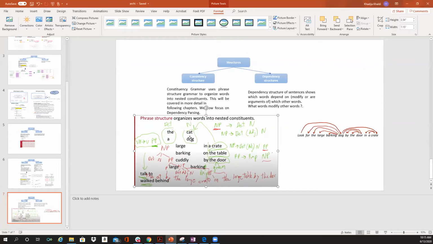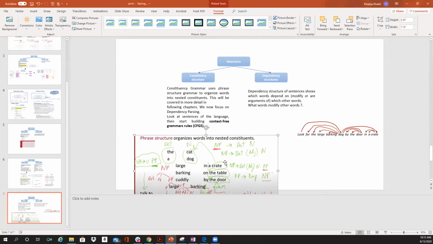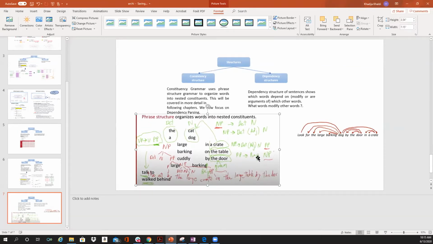And after it comes nouns, for example cat, dog, whatever. So this kind of rules are called context-free grammar rules. He said we have to look at the sentences of the languages, then start to build those context-free grammar rules like this. That's one way of the sentence structures, and the other way is the dependency structures.